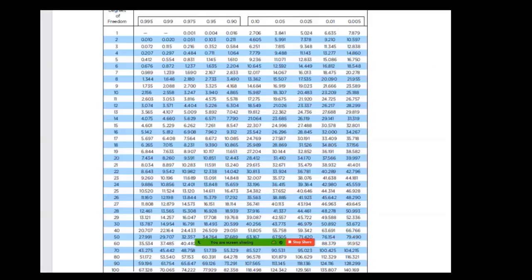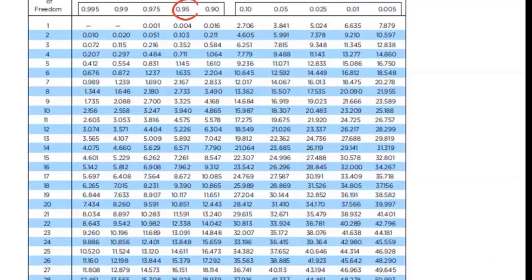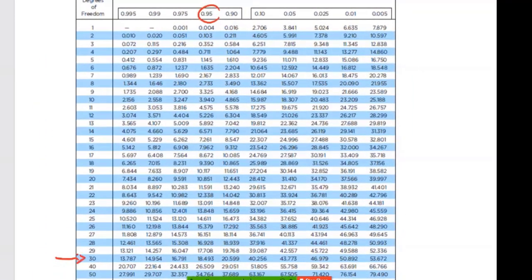So we are looking at the area to the right, which is 0.95. Okay, area to the right. And the degrees of freedom is, look at this number, 30. Okay, look at this number, 40.